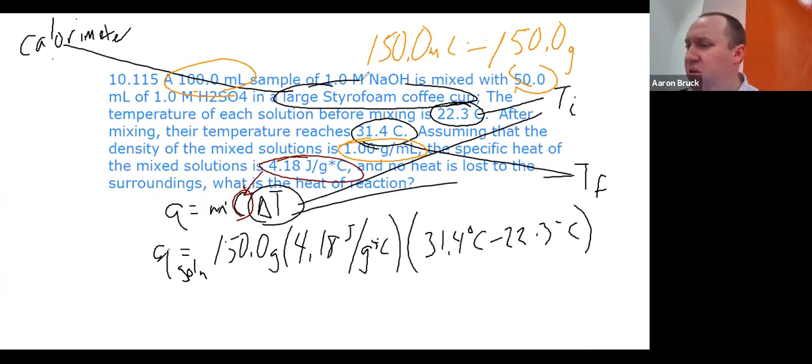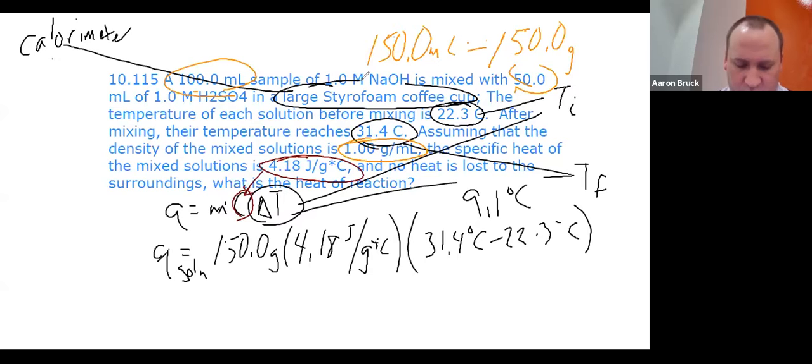And if I did the calculation for delta T, 31.4 minus 22.3, I would get 9.1 degrees Celsius as my change in temperature.